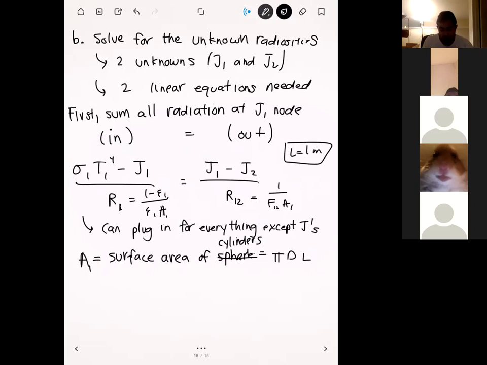So the area of the inner cylinder here is going to be pi d1 times L. And the view factor from the inner cylinder to the outer one in this case is just going to be 1. We solved this before just by inspection.